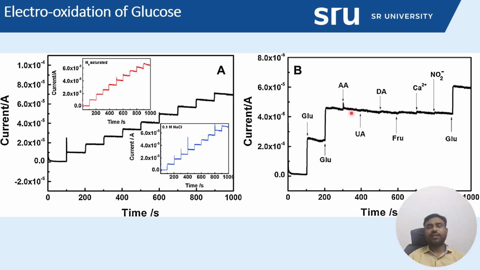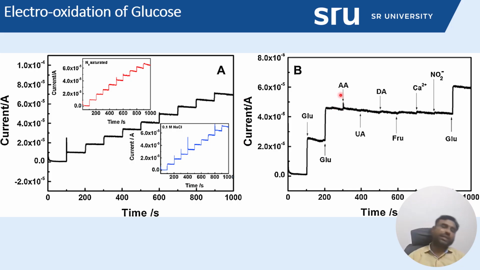After the second addition, we add other molecules than glucose. For example, if we use 0.1 mole glucose, here we are adding 0.2 mole ascorbic acid at 300 seconds. What will happen after adding the ascorbic acid? We can see only a little hump.